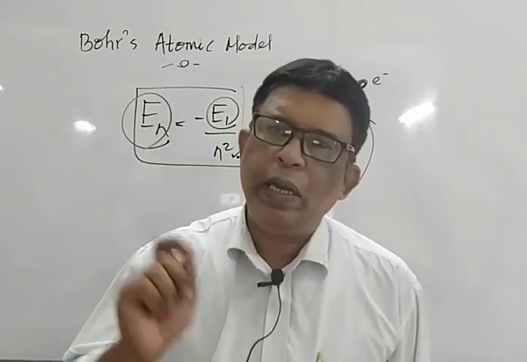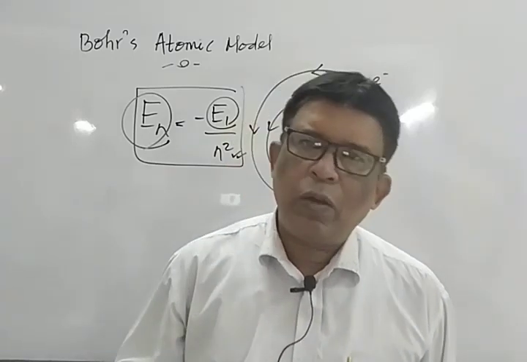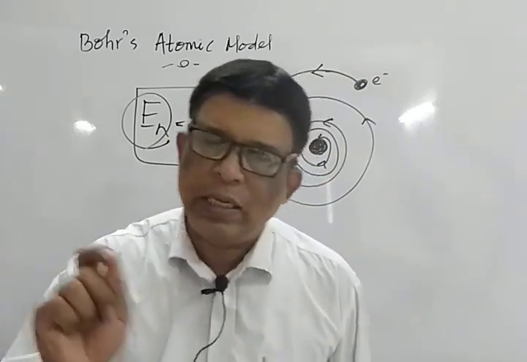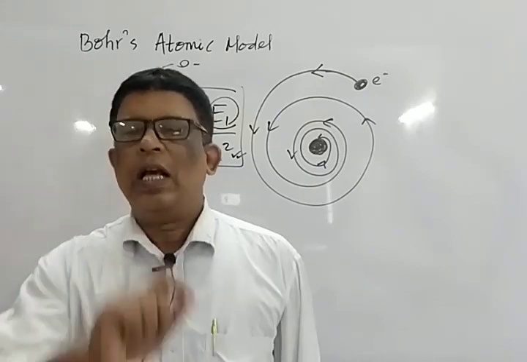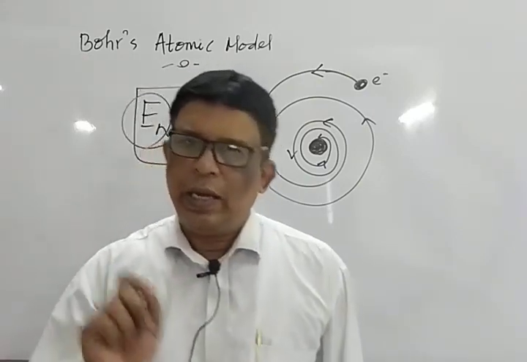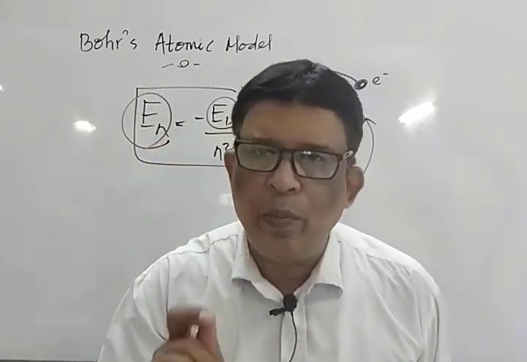Next, so many paths are there. Out of the various paths, only that path is allowable for the electron revolving around the nucleus in which the angular momentum L = mvr is an integral multiple of h/2π.